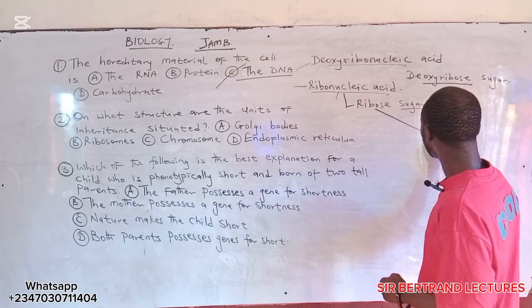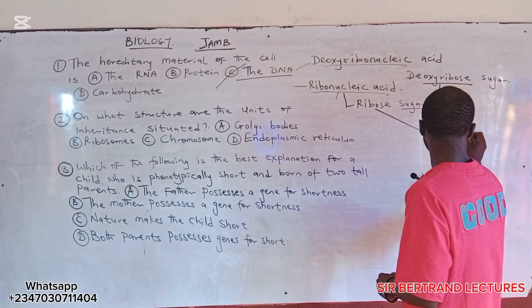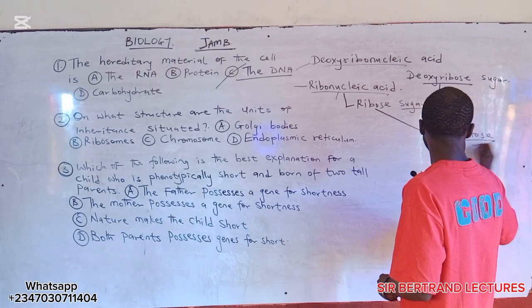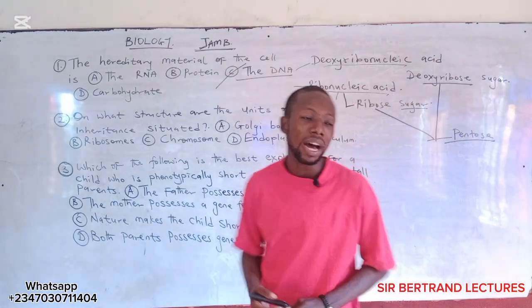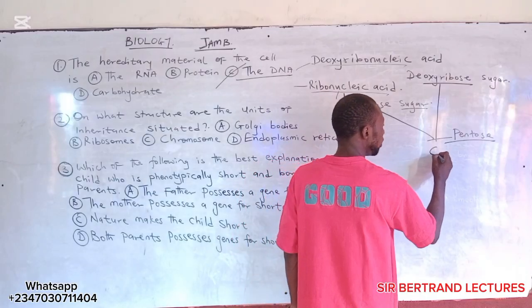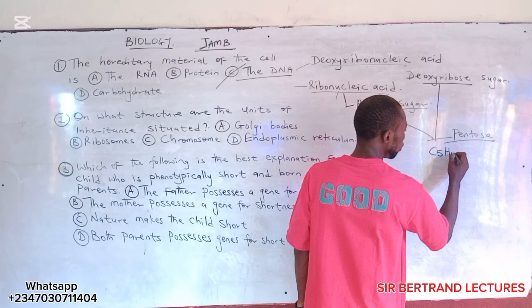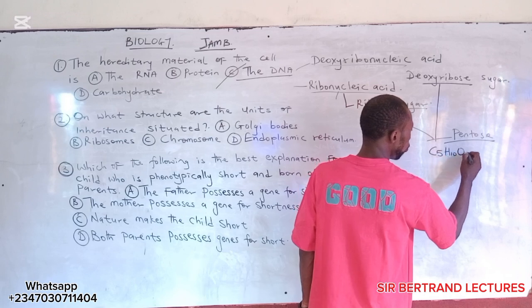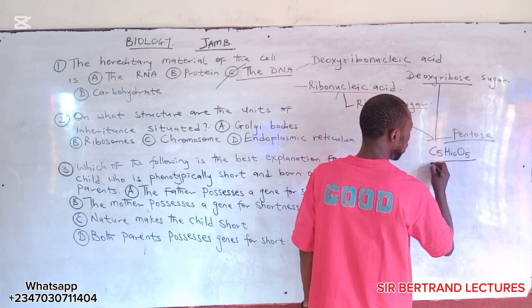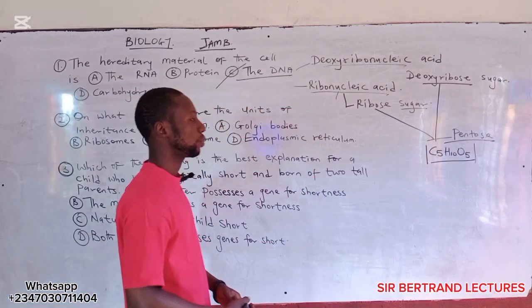Both the ribose sugar and the deoxyribose sugar are examples of sugar with 5 carbon atoms, known as pentose, with the molecular formula C5H10O5. This is the molecular formula of pentose.